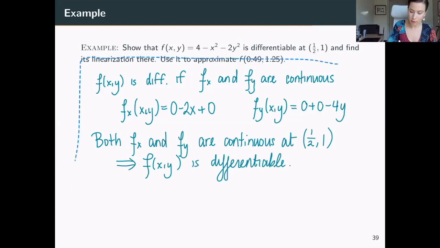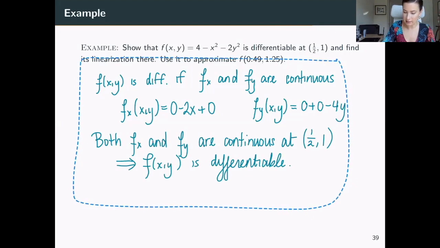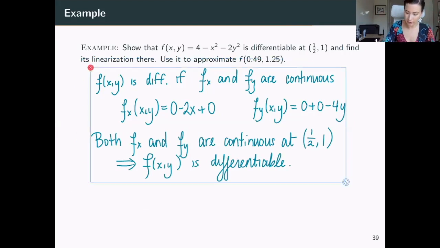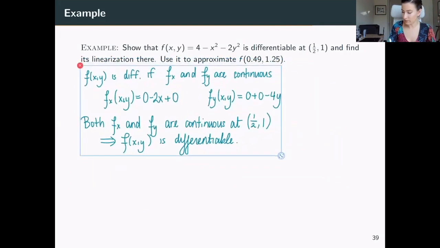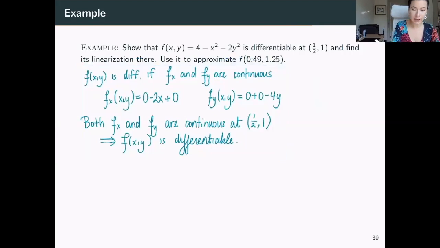Now we need to go ahead and find the linearization of the function. Okay, so we've done that. And now we can use this information to write out the linearization.